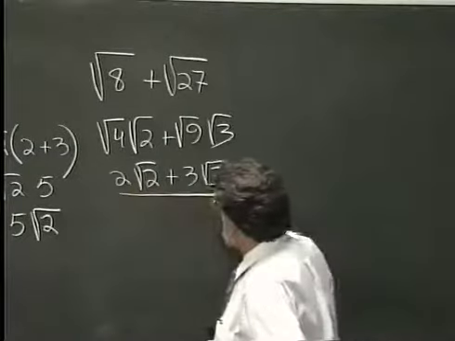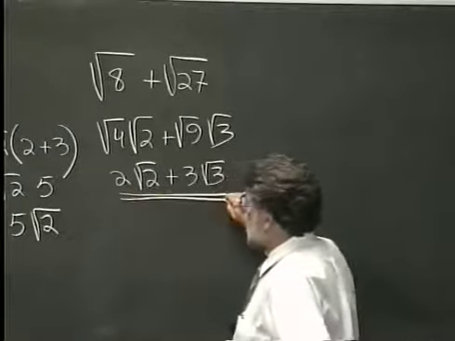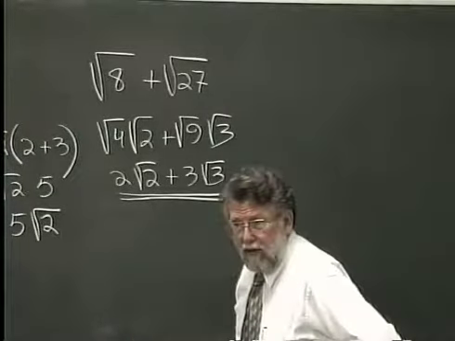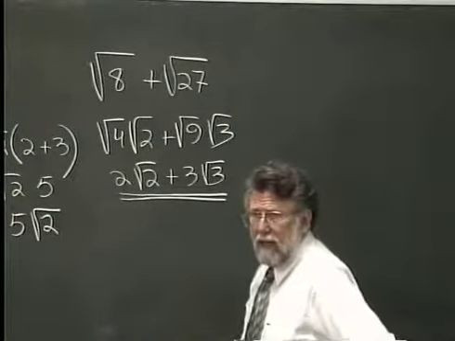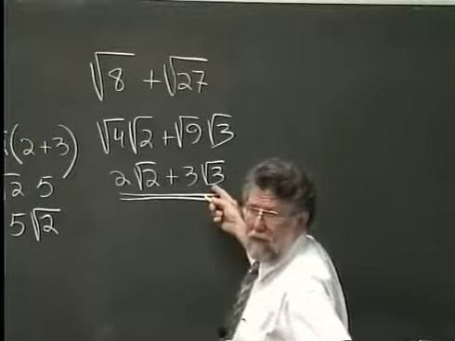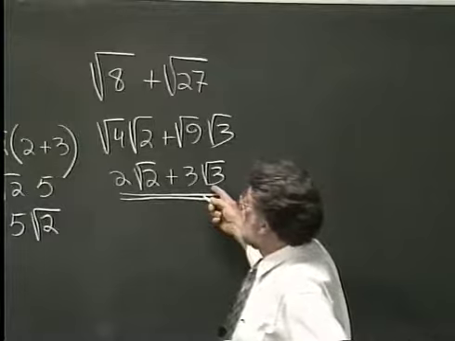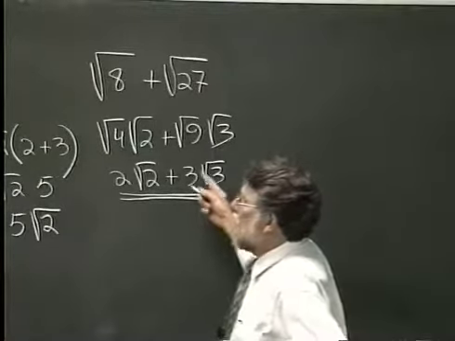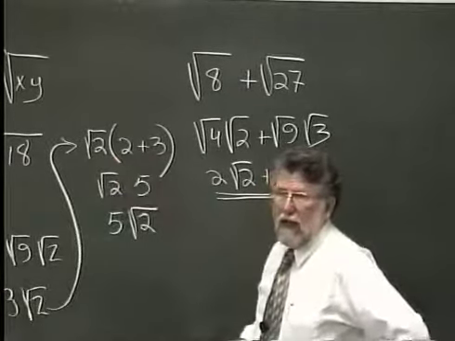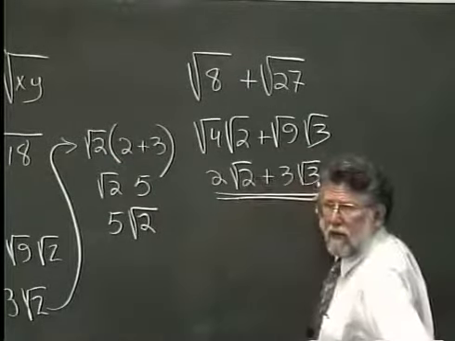Nothing can be done to this answer. But when I had 2 the square root of 2 plus 3 the square root of 2, I could go the extra step. You can't factor out a common factor from here. Where I was able to do that is we just tweak a little bit right there where I factored out the square root of 2. I could do that there. I can't do it here.